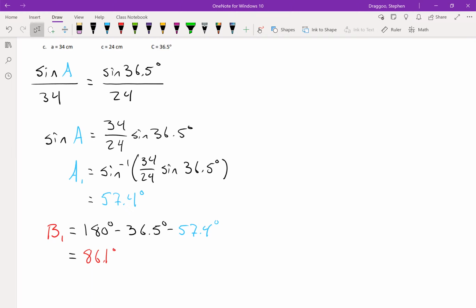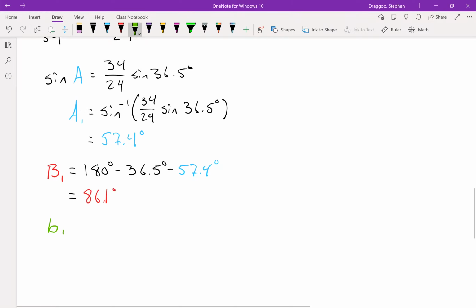And we'll solve for our missing side, which is side B, which we'll call B1, and we're going to need the law of sines again to do that. So side B divided by the sine of angle B, 86.1 degrees, is equal to whichever other ratio we'd like. We'll probably use C in this case since that was given.